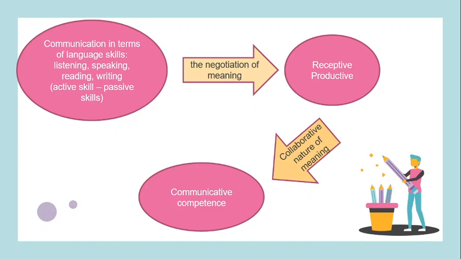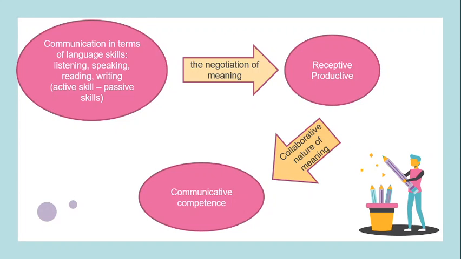But again, this categorization also fails to portray the collaborative nature of meaning. When they only talk about receptive and productive, they fail in capturing the collaborative nature of meaning. After that, it comes to communicative competence.